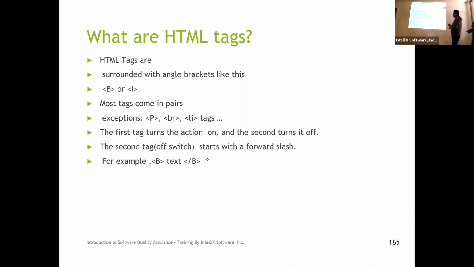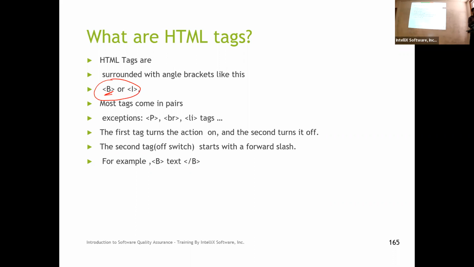The way tags are defined in HTML is that they are within angle brackets. Anything put into the angle brackets essentially becomes a tag. So here's an example of the tag. There are two tags. The first one tells the browser that anything following that tag needs to be bolded. Okay.